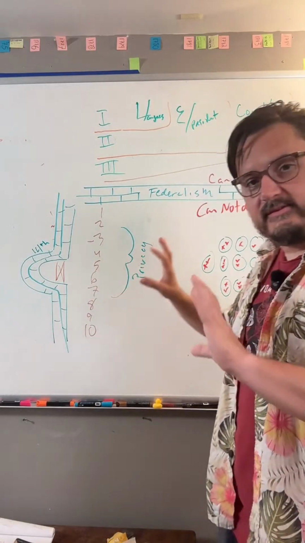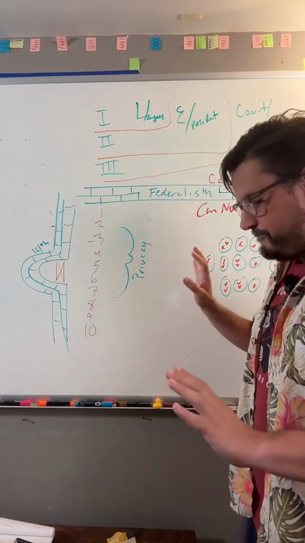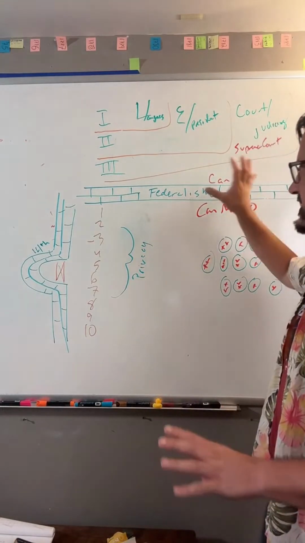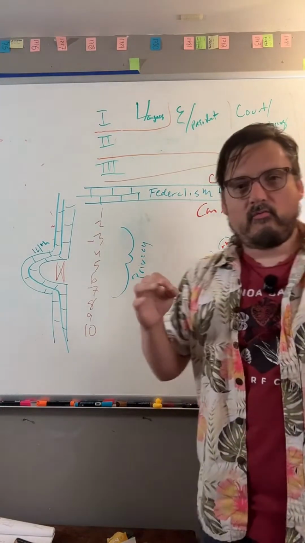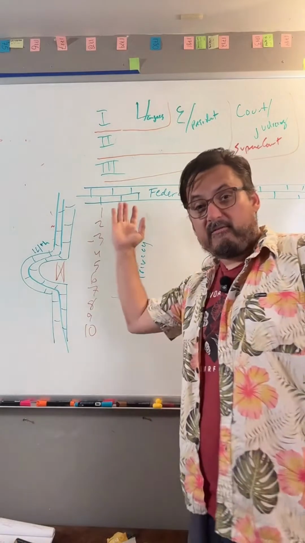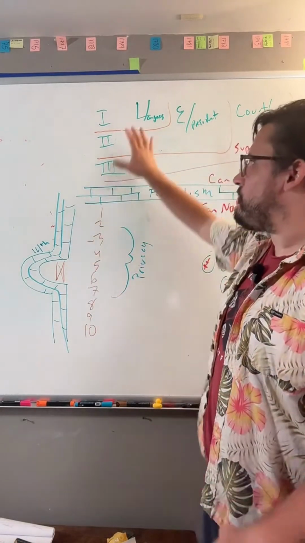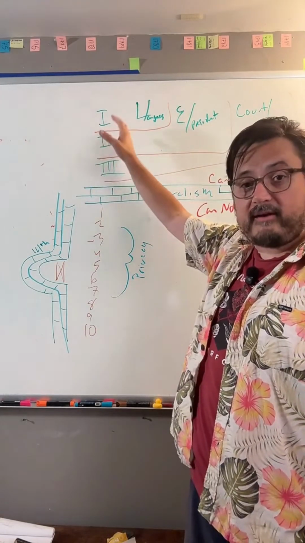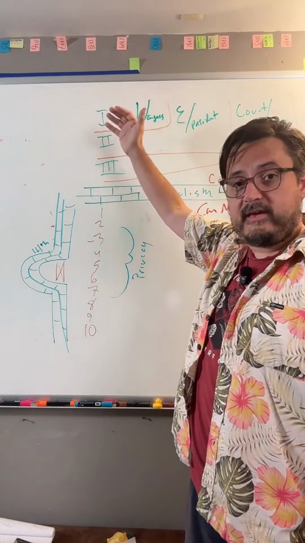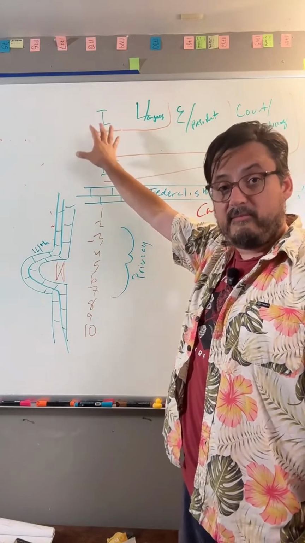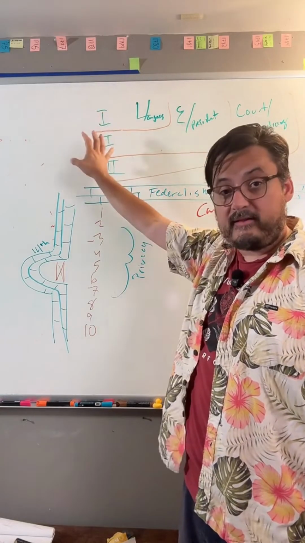But here's the thing about this. Most of these things that I'm talking about here aren't written in the Constitution. Federalism, it doesn't say federalism anywhere. But if you read the articles and read the fact that this is a limited government and that the powers are limited to what's written in the articles, that's very clear.